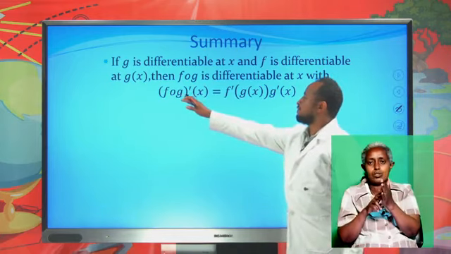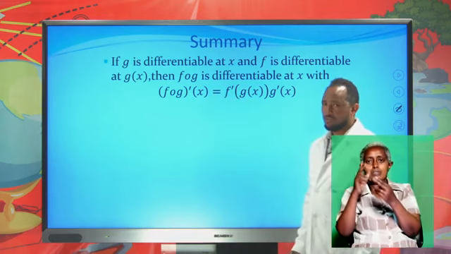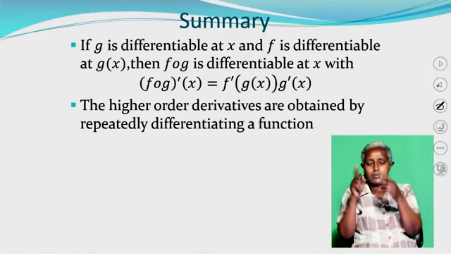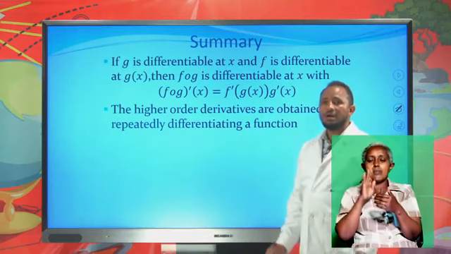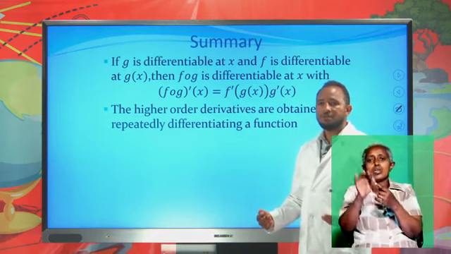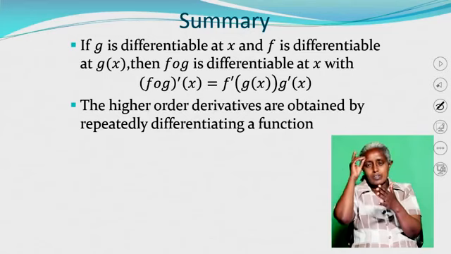For f of g of x, the derivative means f derivative of g of x times g derivative of x. This is the first concept that we have seen today. And we have also seen higher order derivatives of a function. Simply it is obtained by differentiating repeatedly. To get the second derivative, you differentiate the first. To get the fifth derivative, you differentiate the fourth, and so on.